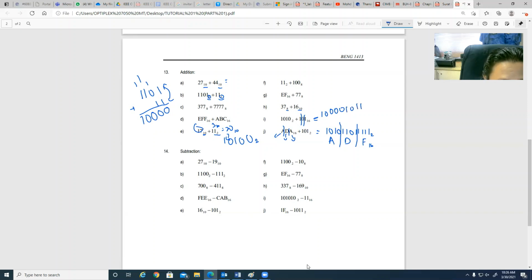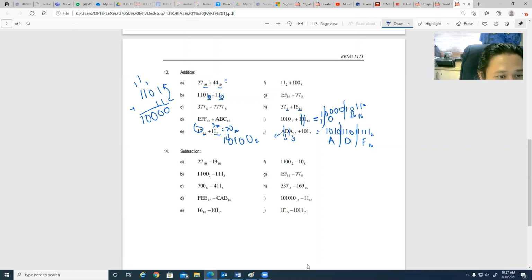Okay, then group by 4: 1, 2, 3, 4. Okay, so this is binary, then 1, 0, and then this 1, 0, 1, 1 is the B. Okay, so in hexa. Okay, that is the answer. Okay, for this one, binary and hexa, for simplicity, maybe you can change to binary, then add, then from the binary you can convert into hexa again. Okay, that is the technique.